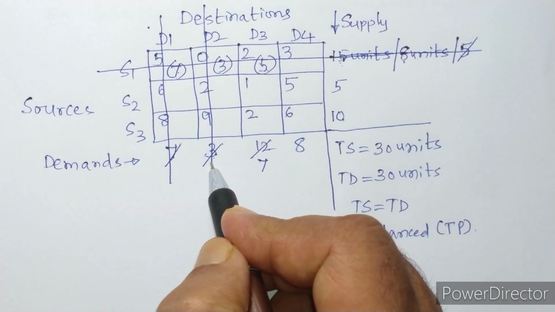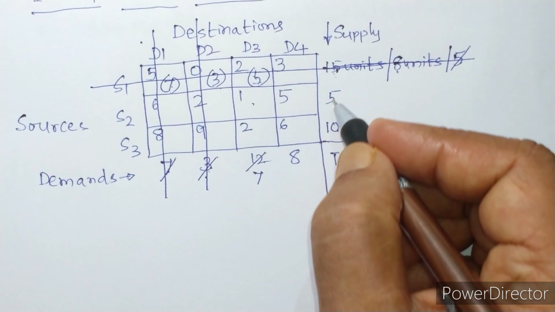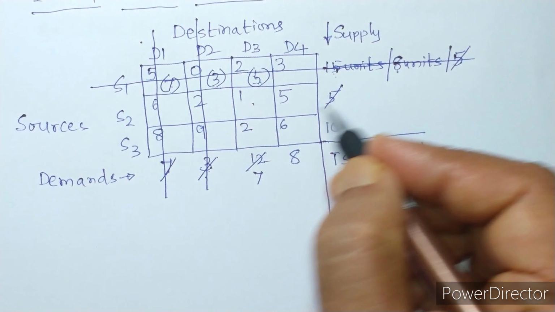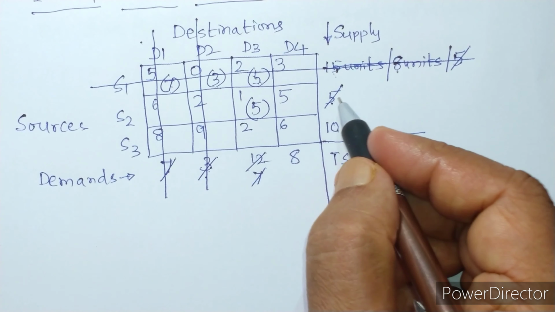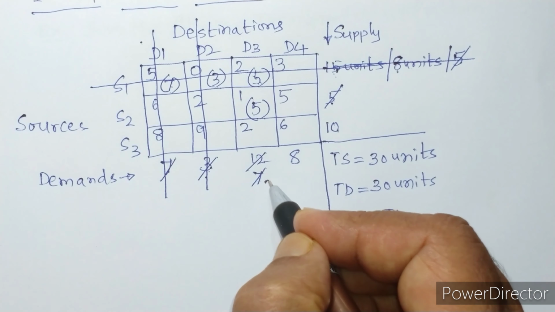Now the remaining matrix is 2 by 2, and the northwest corner cell is this with the unit transportation cost 1. So now supply units are 5 and demanded units are 7. So all the 5 units you can supply to this cell. 5 units we write in the bracket, and 5 units are sent to this place, and 2 units of demand is still to be met at D3.